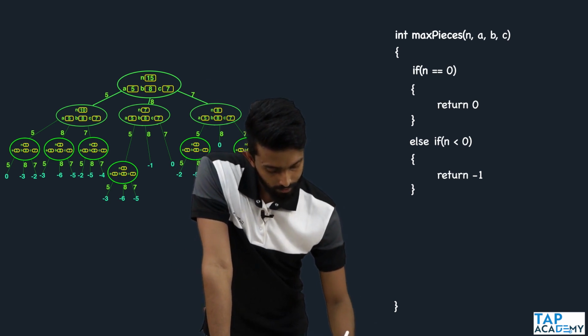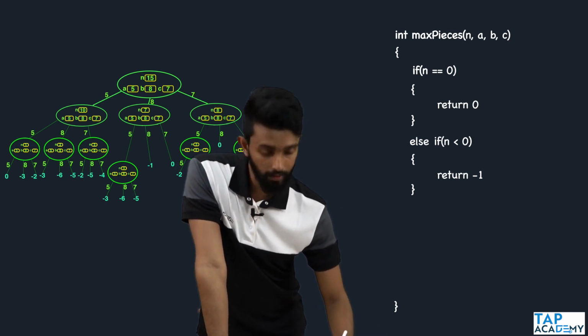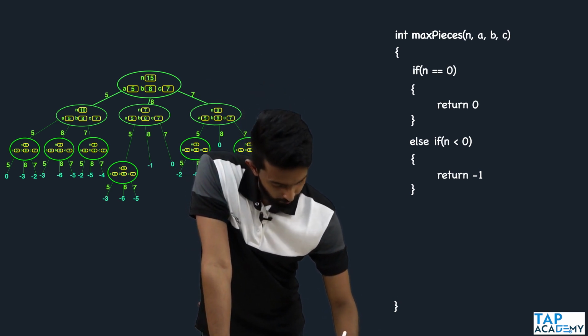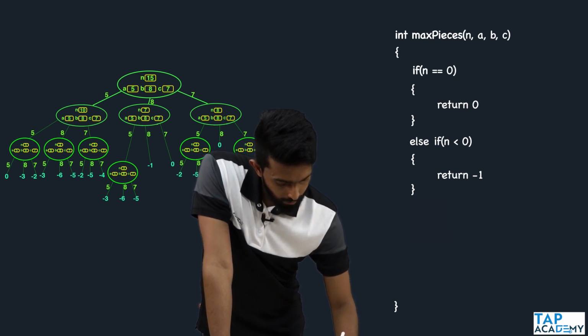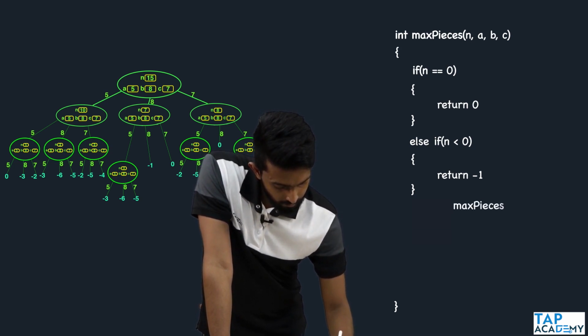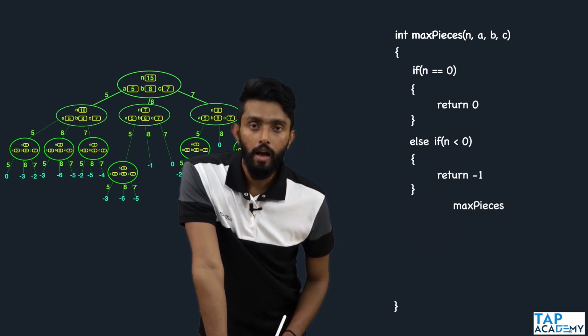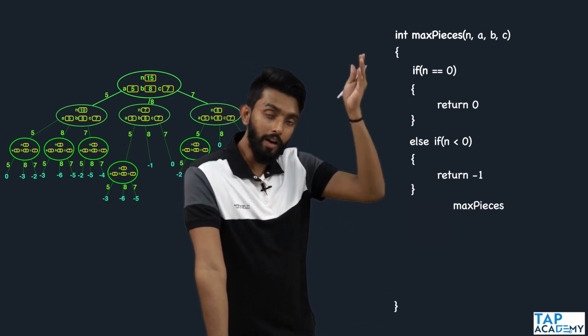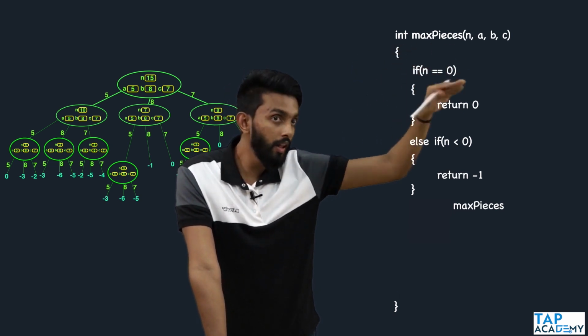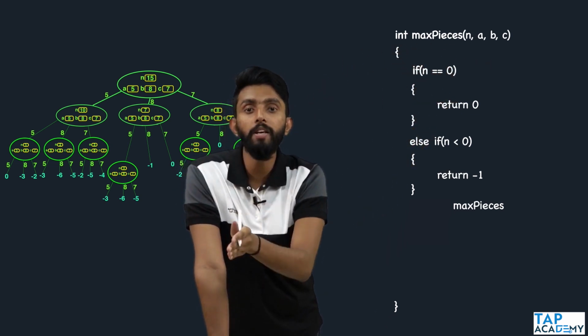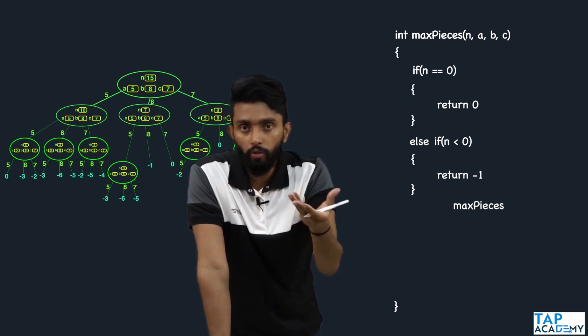So, how are we doing this? Simple. I will make 3 calls, guys. First call is, I will call maxPieces, and now I am trying to cut the rope n with the length a. One a-length piece I am trying to make. So the length of the rope will change.